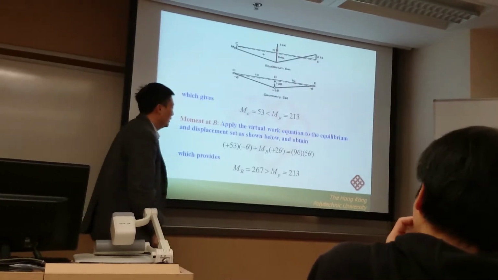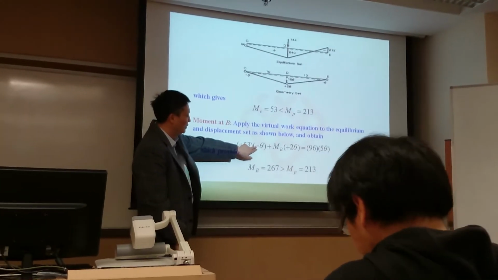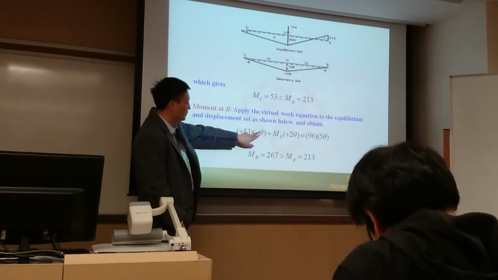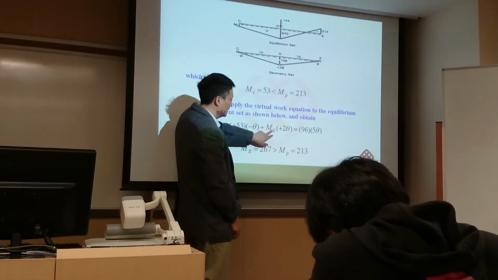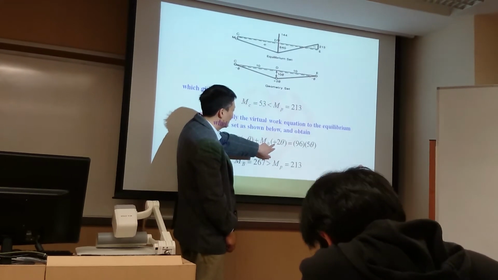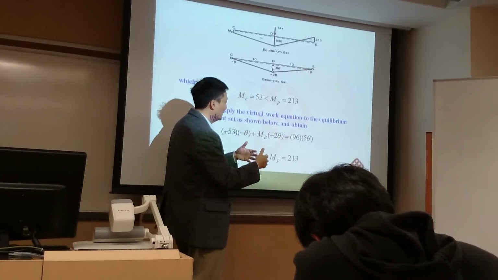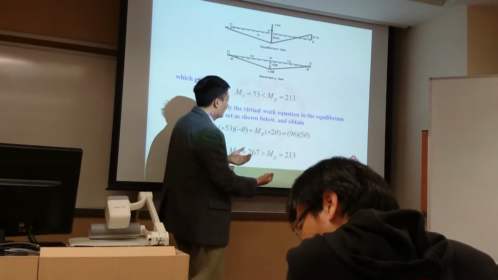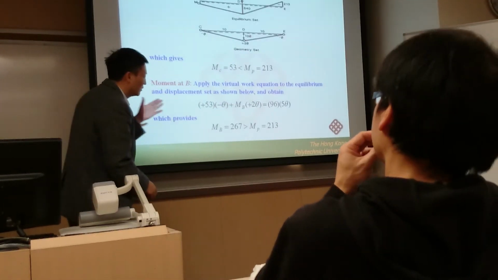So here we use positive 53 times the virtual rotation at section C, plus the unknown moment times the virtual rotation for section B. And for section A, because this is already hinged, there is no moment.